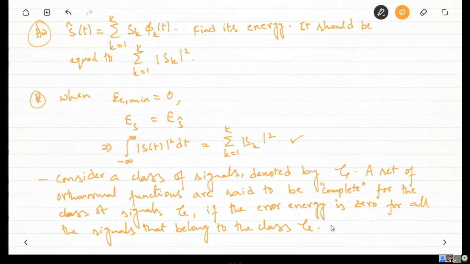Right? So let's pause here for a moment. You please make a note of this statement, then we'll discuss what does it mean in detail.